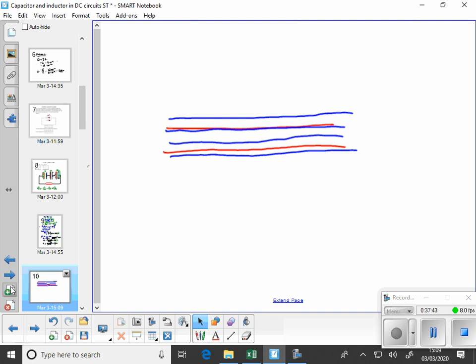But remember this thing with frequency: the higher the frequency, the lower the impedance of a capacitor. Therefore, as you get up to higher frequencies, even up to high gigahertz, two tracks on a printed circuit board with insulation between them are like a tiny little capacitance that can affect that circuit at really high frequencies and needs to be taken into account.